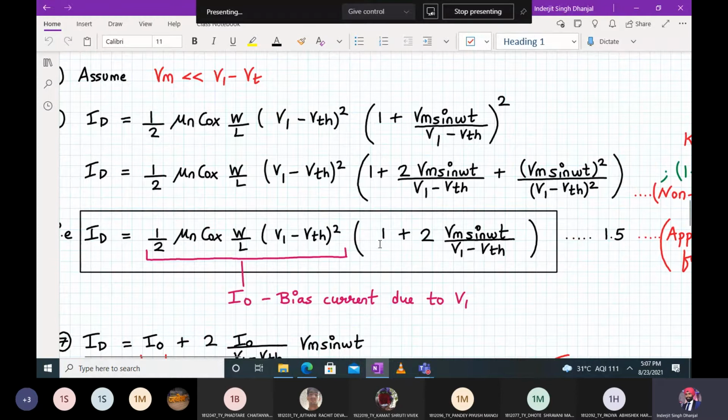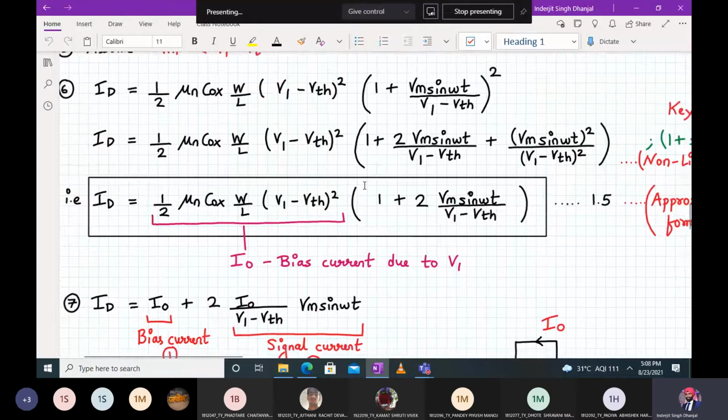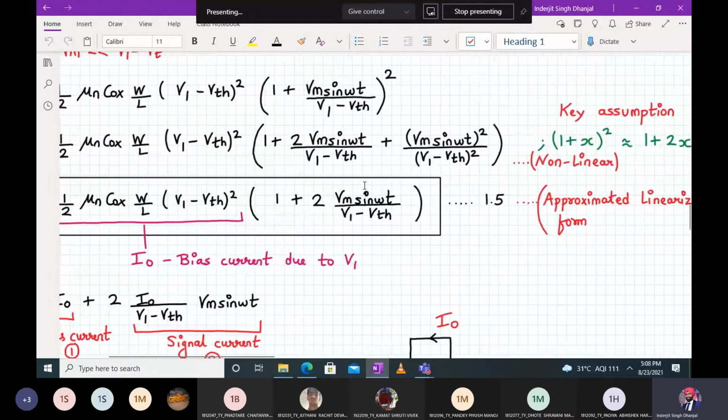So what is that? 1 plus twice Vm sin omega t divided by V1 minus Vth. So now you see my current and the input, that is Vm, has a linear relation. Vm non-linear term is gone. Vm square term is gone. Okay. So this is our equation number 1.5, which is an approximated linearized form.